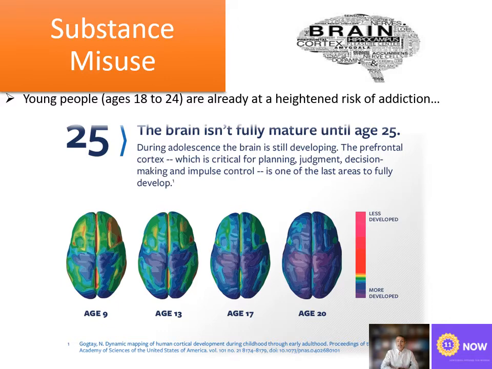Then if you drop it again, it might get worse and shatter. That first drop, it might still work, but it won't be exactly right. With each subsequent drop, it gets worse and worse, to where your touch screen doesn't work at all. So in that analogy, at age 25, your cell phone has a case and it can survive a drop or two. Before that, it's very difficult for the brain to survive that kind of insult.